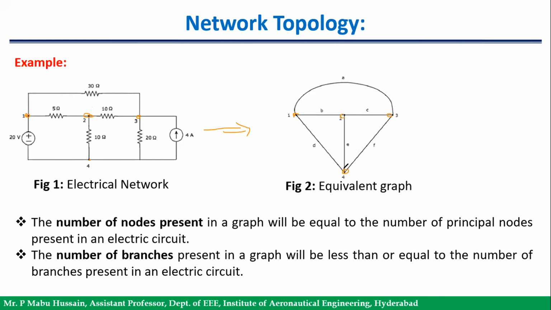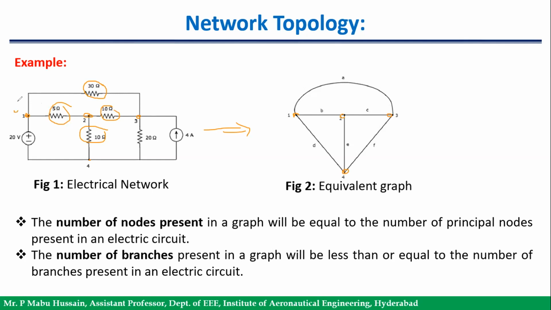All the four nodes will be called vertices in the equivalent graph. And all the passive elements, the resistors, any inductors, any capacitors, will be represented by line segments between the vertices.